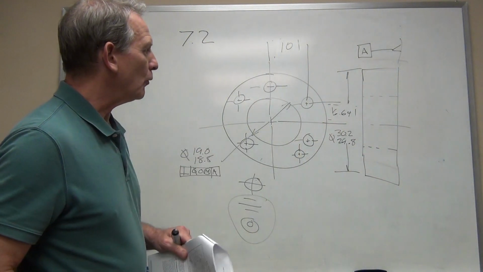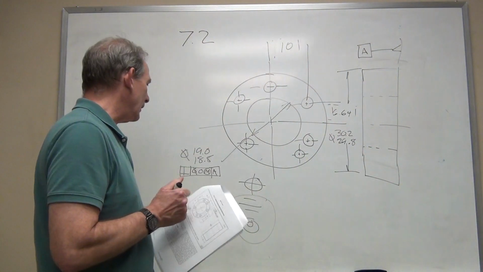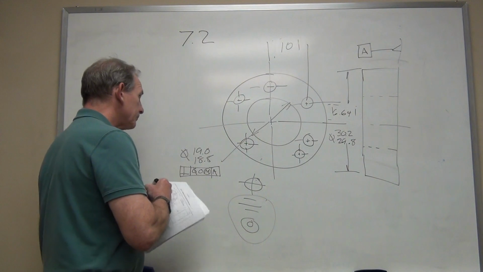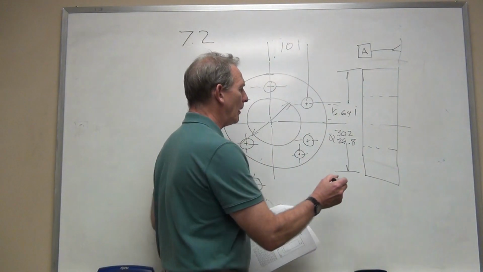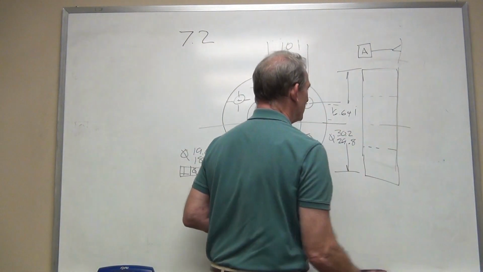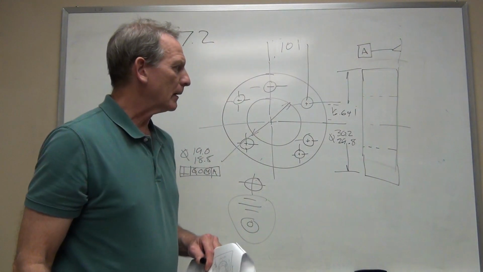So let's start out with the datums, since we do have some datums here. The first datum is the bottom surface of this ring.